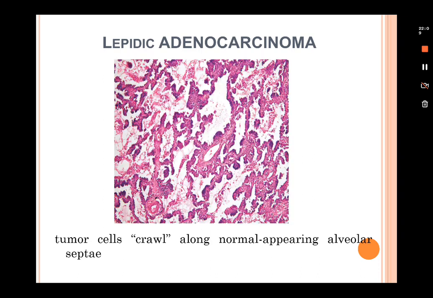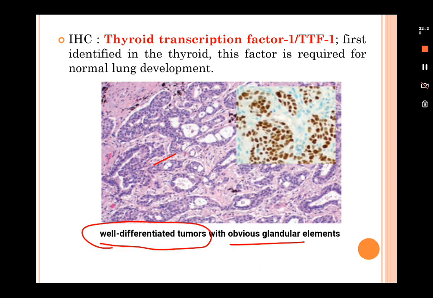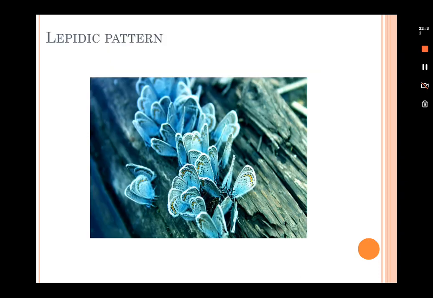Here the tumor cells will crawl along the normal appearing alveolar septae. You remember that this was the glandular one, which is not normal. But in the lepidic one, these are normal looking alveolar spaces, and the tumor cells are crawling. So it looks like a butterfly crawling over wood. It's called lepidic pattern.